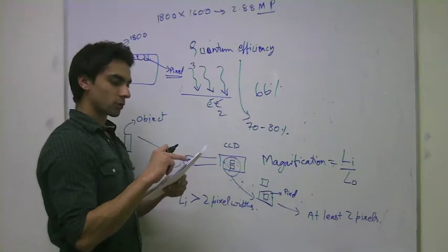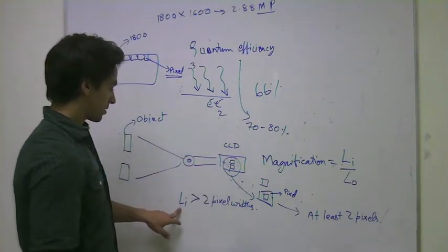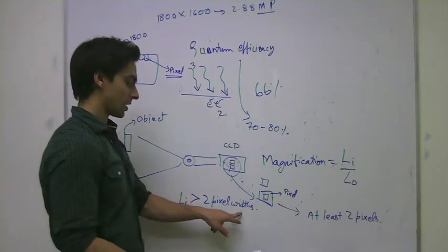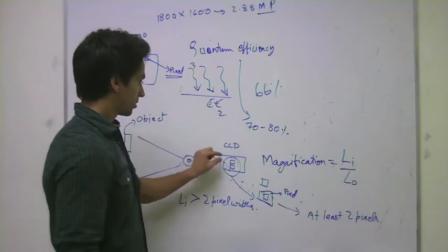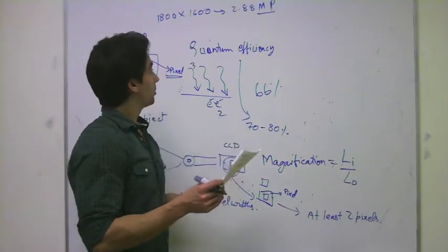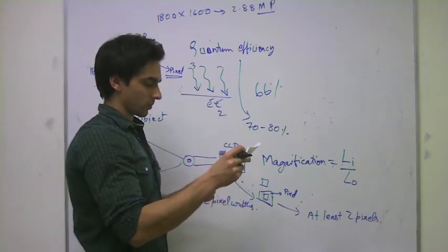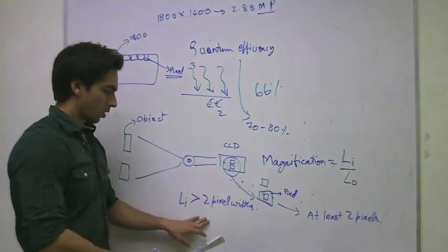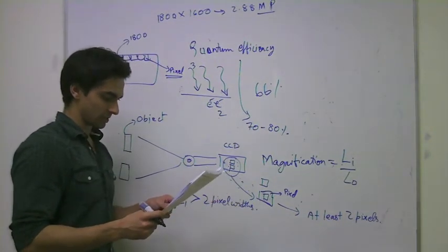So you can see this at the top of page 8. We've discussed quantum efficiency, magnification, resolution, and also the minimum criteria for resolving 2 objects on a CCD.